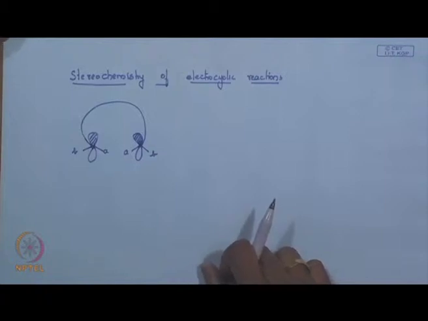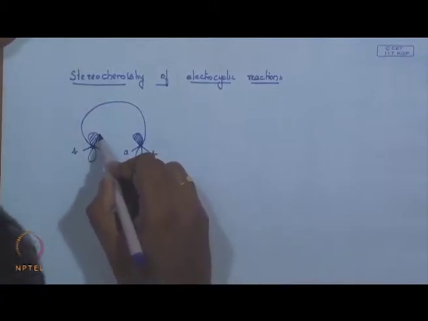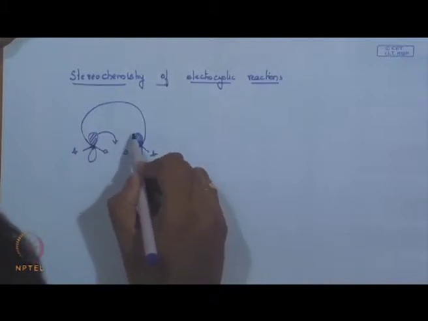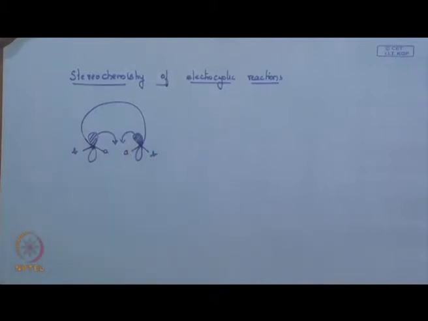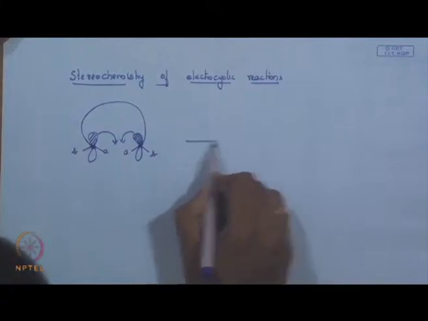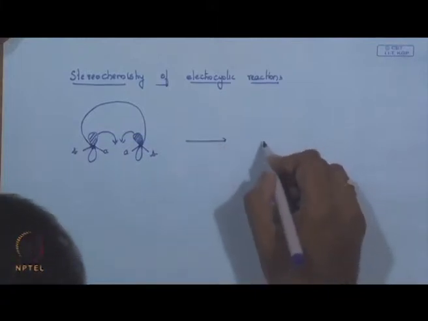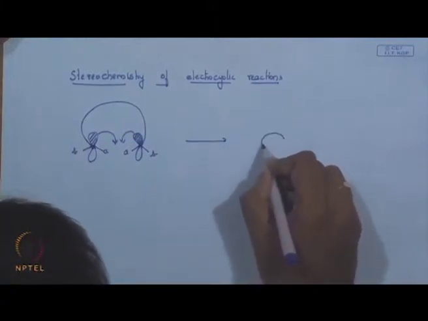So, I can think about two possibilities. One possibility is that I can move across these two bonds. What happens if I do this? I get a system like this.